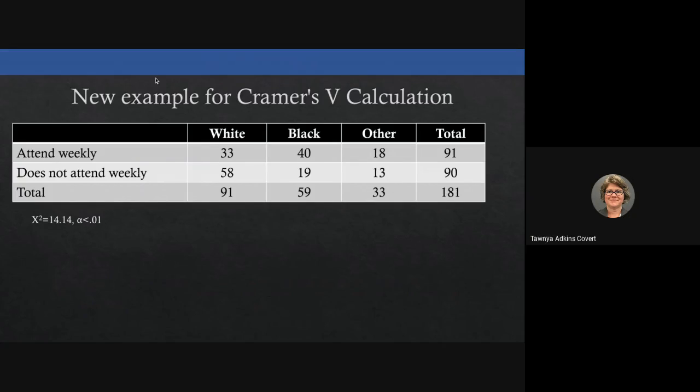We have 3 columns, white, black, and other, and 2 rows, attend weekly and does not attend weekly. So we know that Cramer's V is the one we want to use. In the calculation of chi-square, which I did using that chi-square calculator, the link is in the discussion of phi, we have a chi-square of 14.14, and that was statistically significant at the 0.01 level.